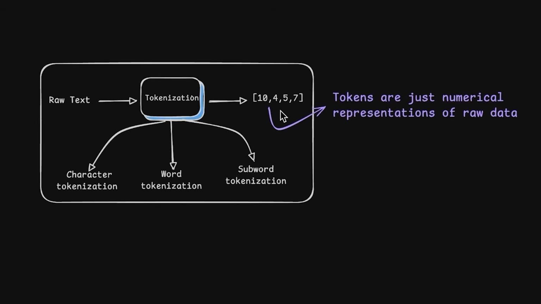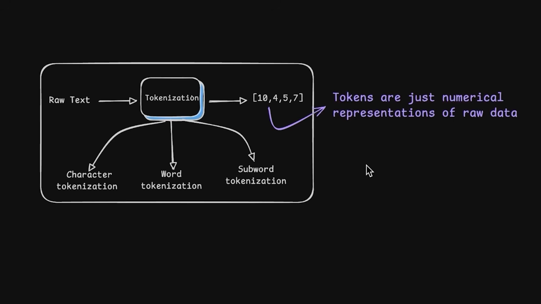If tokens are just some numerical representation of the raw data and don't carry meaning, where does the meaning then come from? That's exactly the problem that embedding models solve. Let's try to understand how.